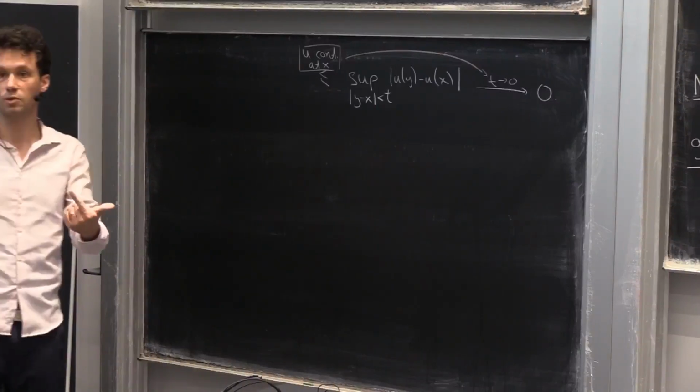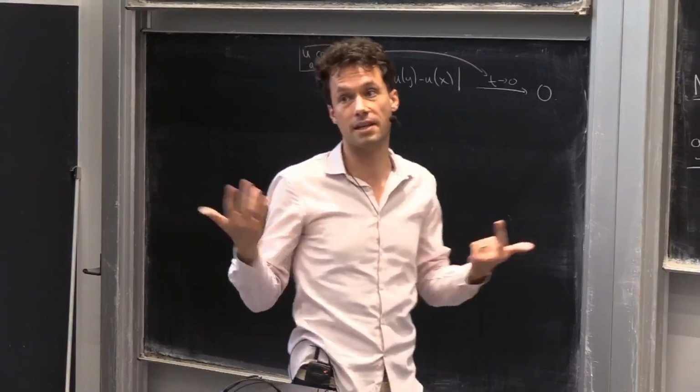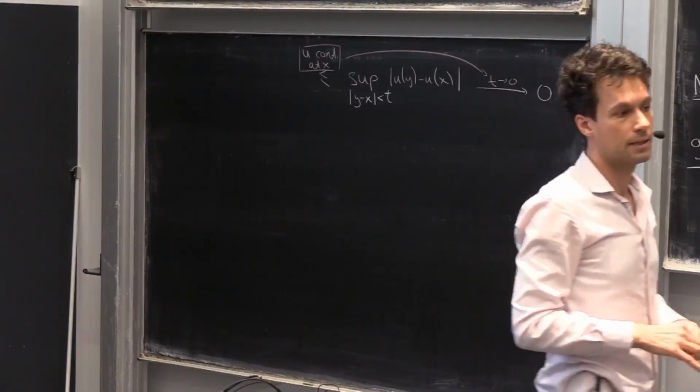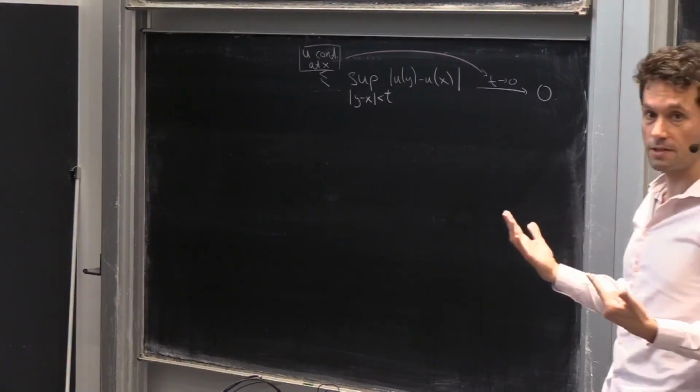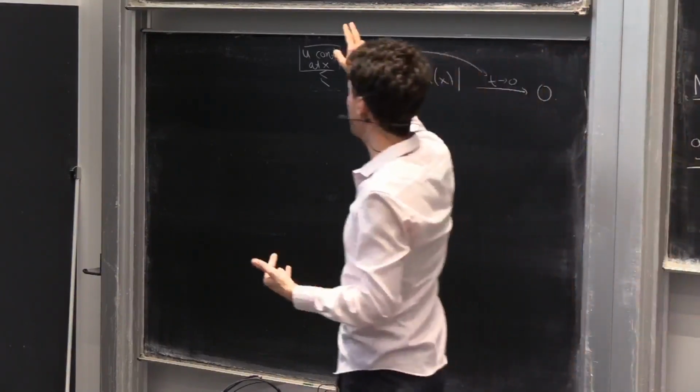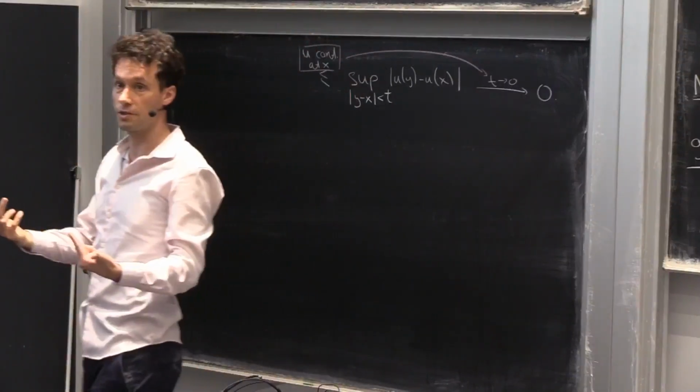Then you know that smooth and compactly supported functions are dense in, say, L1. And so there could be hope that you can use the denseness of these good functions to somehow carry over this convergence property to more general functions.